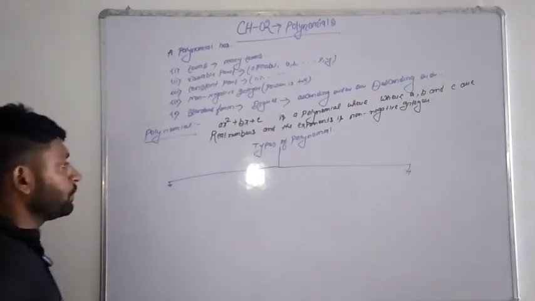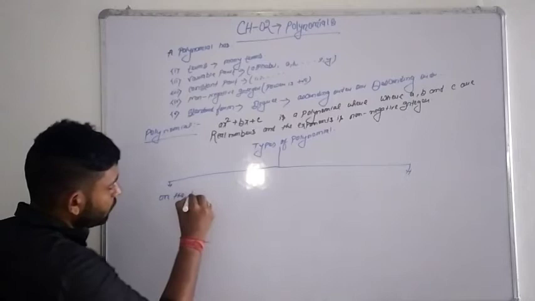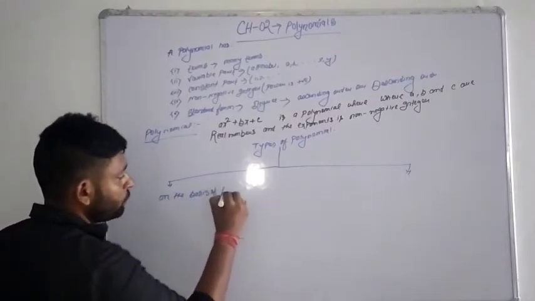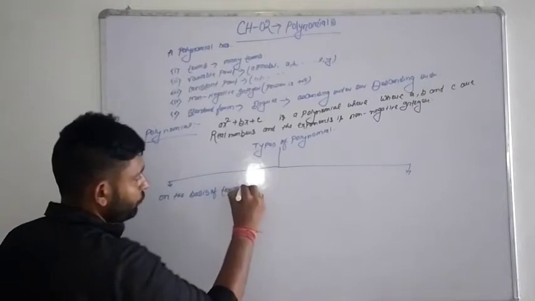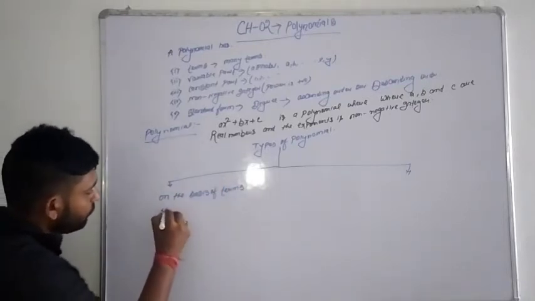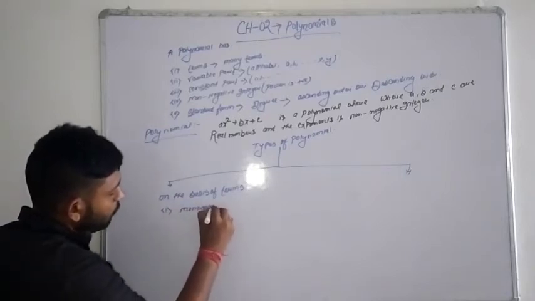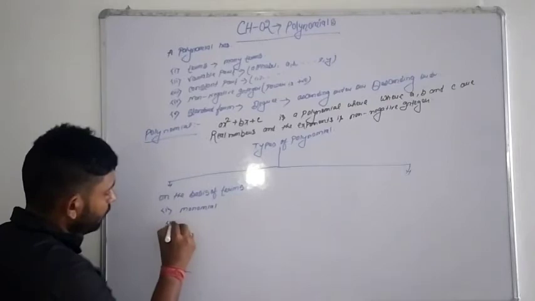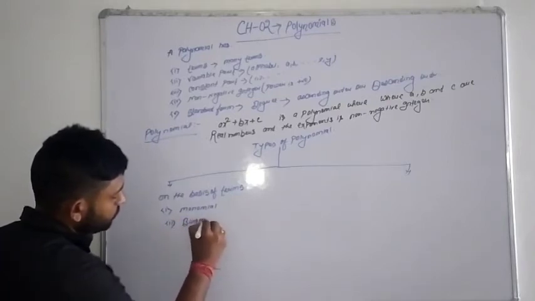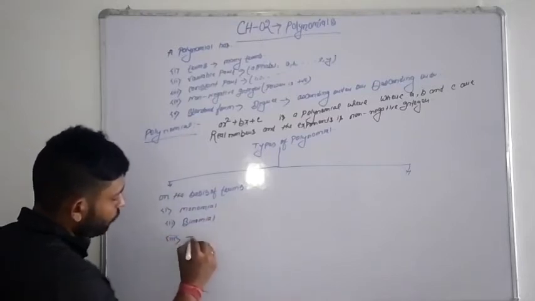So we write it first on the basis of terms. On the basis of terms: number 1, monomial; number 2, binomial; and number 3, trinomial.